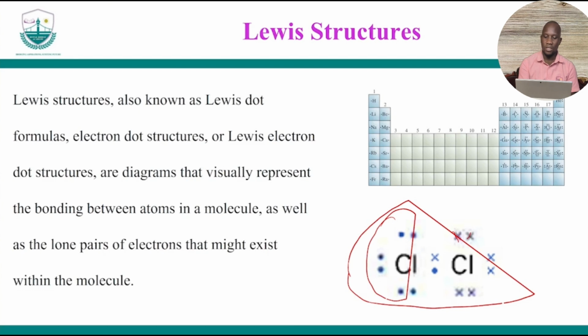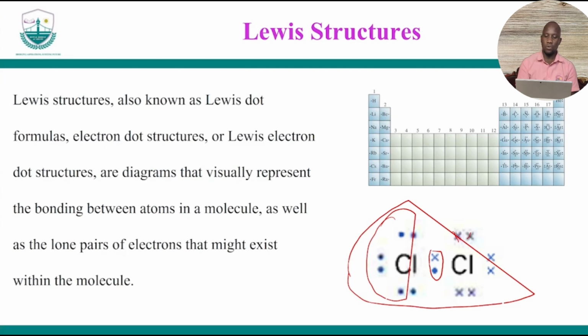And therefore, the bond that we are having in here is represented by having one electron being contributed by each of the atoms. Okay, so this kind of structure where you have the dots representing electrons is what we call Lewis structures, and they help us to represent the different bonds in atoms of a molecule.